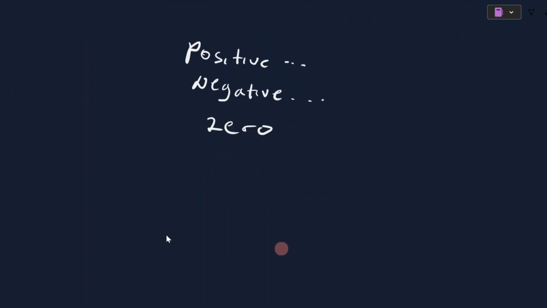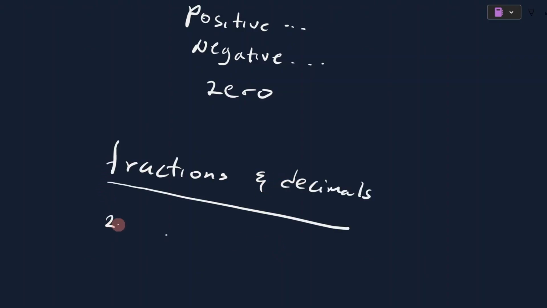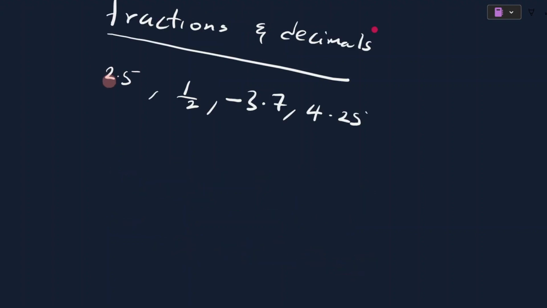But at the same time, there are numbers that are not integers, such as fractions and decimals. Example, 2.5, 1 over 2, negative 3.7, 4.25. So fractions and decimals are not integers. 2.5 is not an integer. 1 divided by 2 is not an integer.